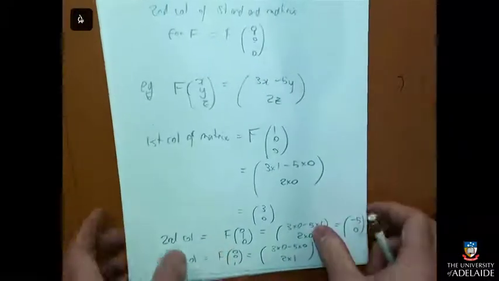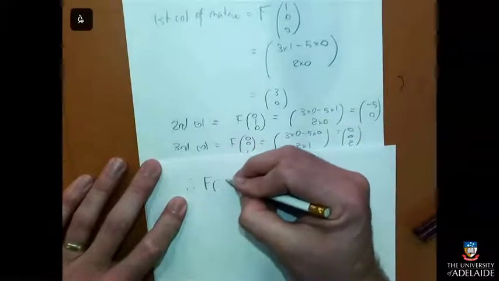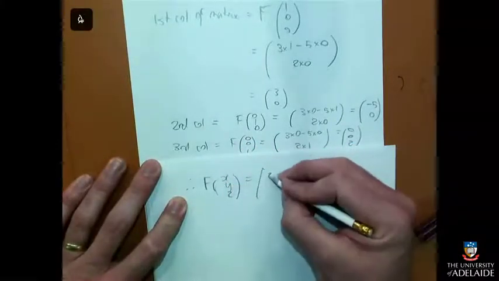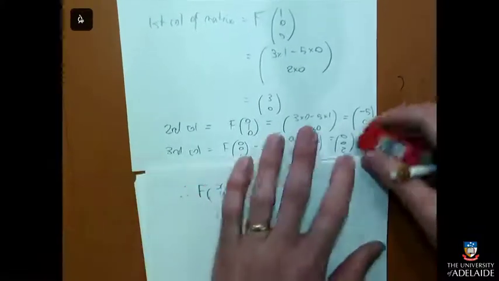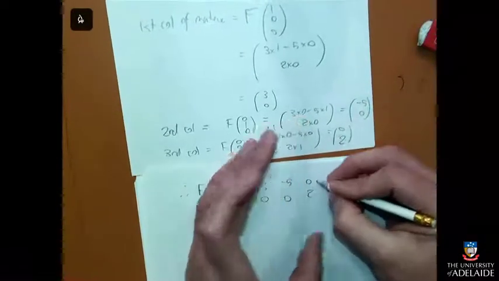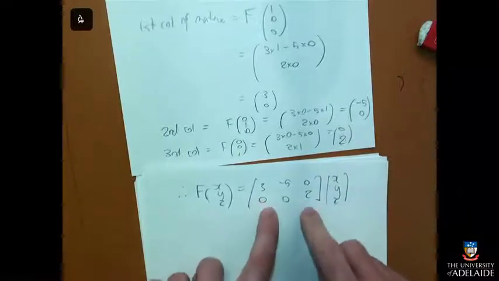And so therefore my matrix is this. Therefore F of x, y, z, the first column is 3, 0, the second column is minus 5, 0, the third column is, no, just 0, 2, sorry guys. 0, 2. And that's the standard matrix there.